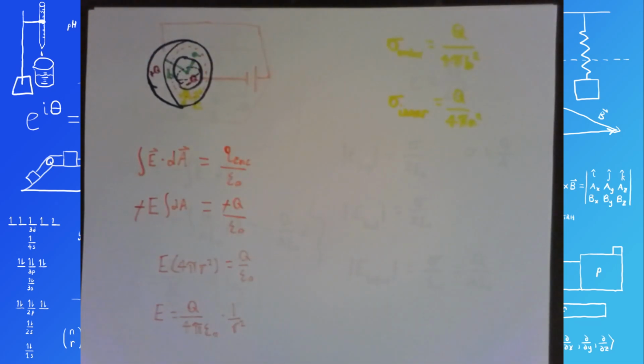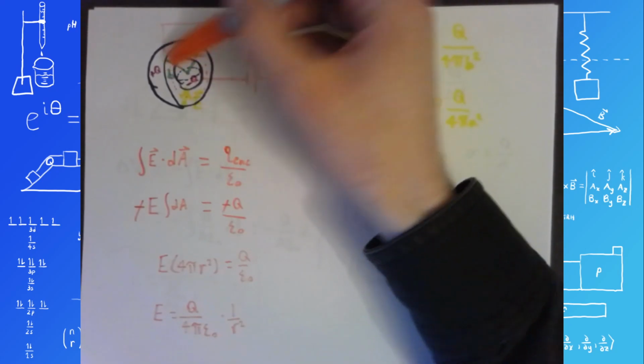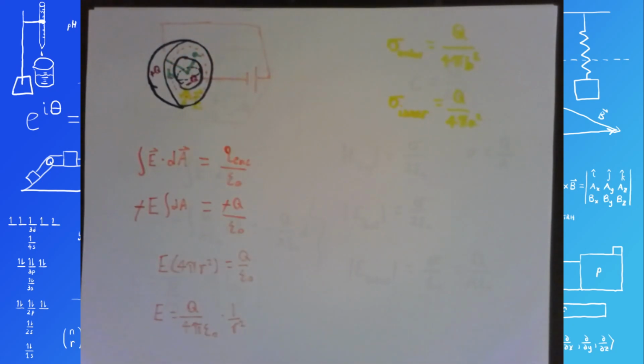So the only place where electric field would exist for this setup is in the space between the surfaces of the two shells.